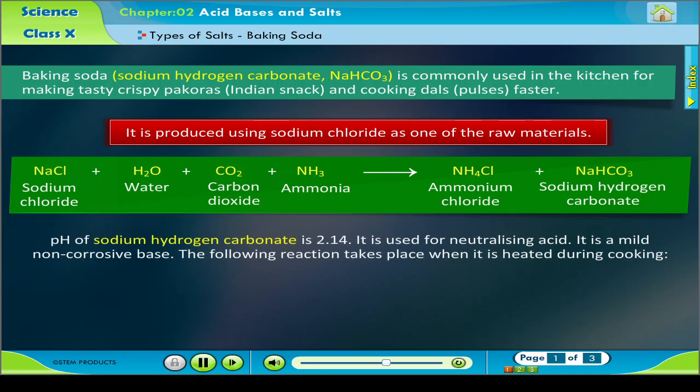The pH of sodium hydrogen carbonate is 2.14. It is used for neutralizing acid. It is a mild non-corrosive base.